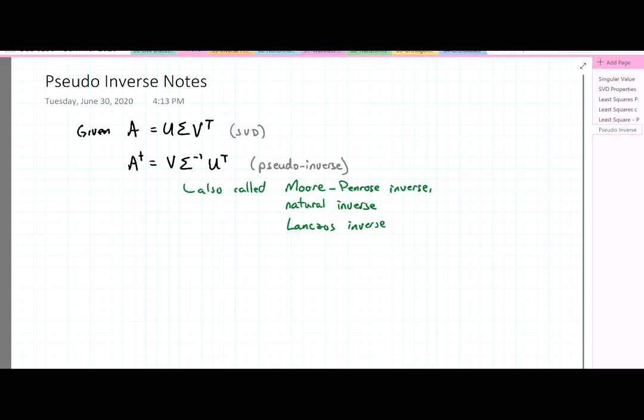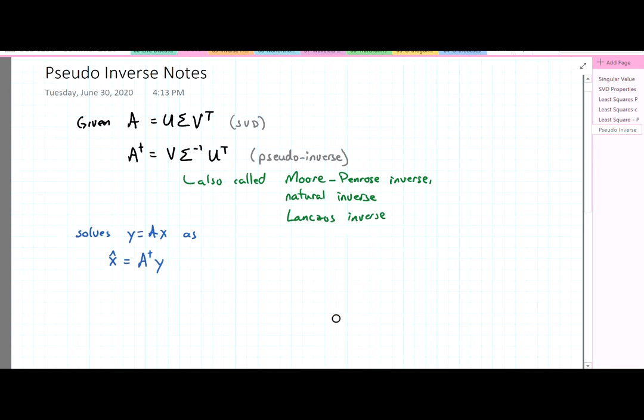In all of those cases, the pseudo-inverse solves y equals Ax in general as x hat is equal to A dagger y. So let's just walk through and see some of these things.